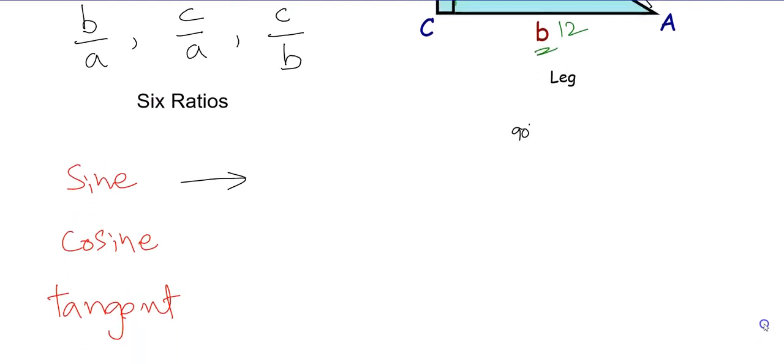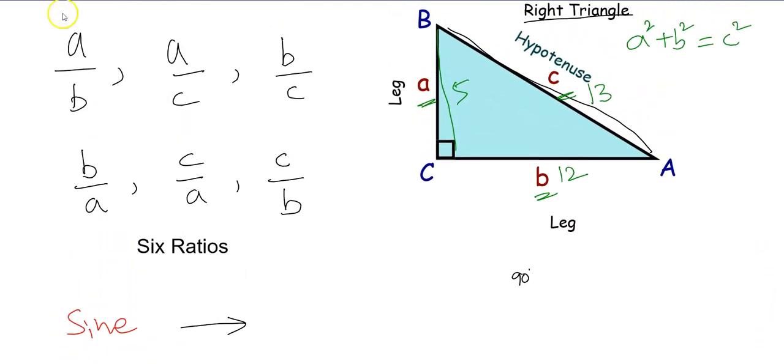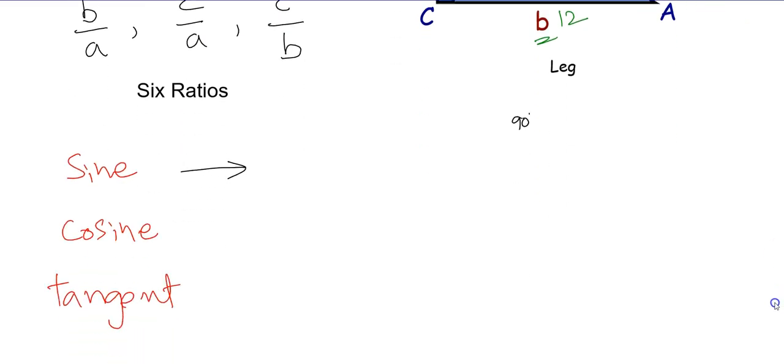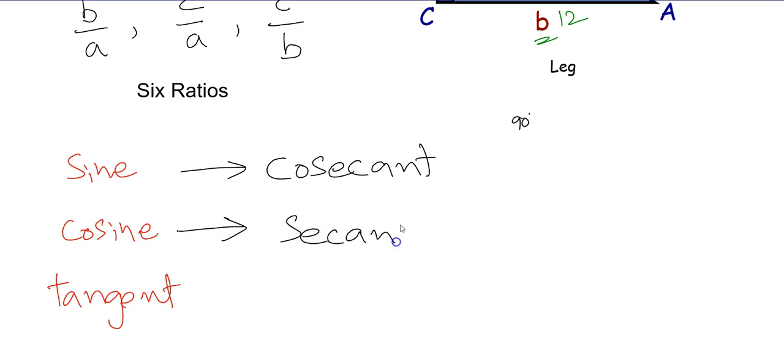Now their reciprocals. For example, this a over c is sine A. So the reciprocal of that is when you flip it over, c over a. The name of that ratio is cosecant. This is the cosecant of that angle A, we can say. And the reciprocal of cosine is secant, and the reciprocal of tangent is cotangent.